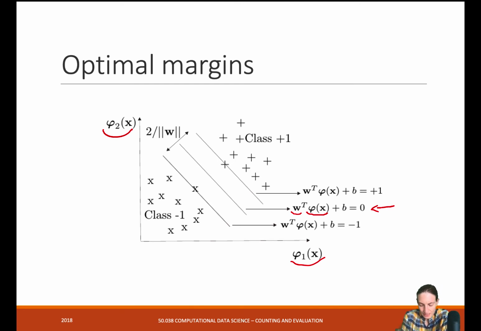SVM calculates the distance between the closest element of a class and the boundary. In this case, the plus here would be the closest, and the x here would be the closest. And then this distance here is what we call the support vectors.